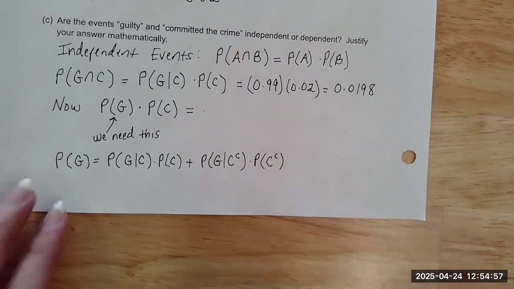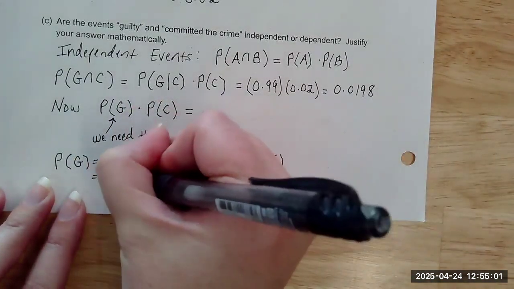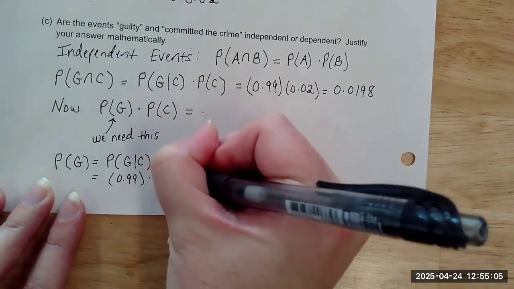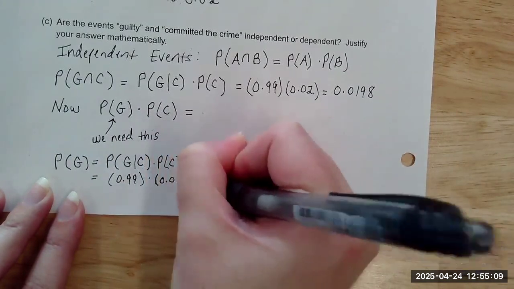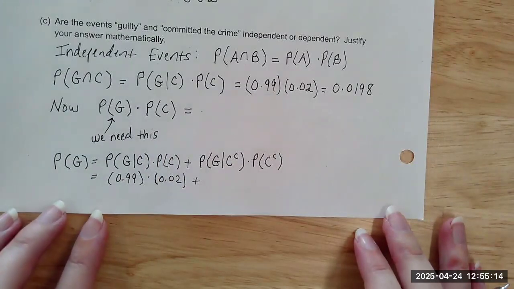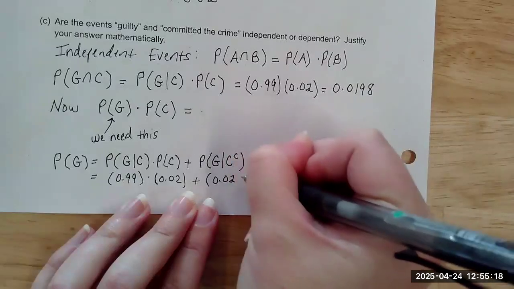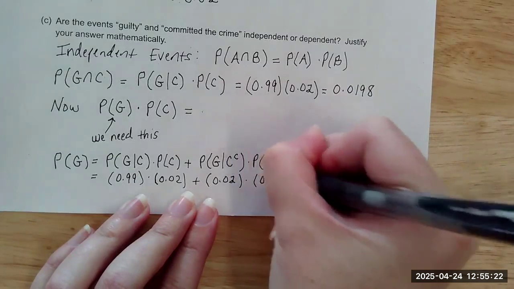All right. So probability of G given C is 0.99. Probability of C is 0.02. Probability of G given C complement, we have 0.02. And the probability of C complement we said was 0.98.